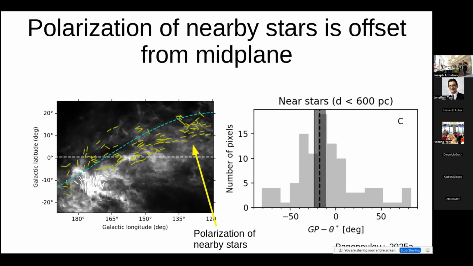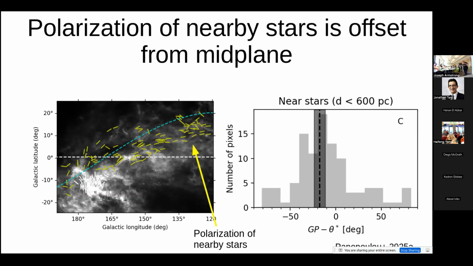The yellow segments are showing you the local polarization orientation of the stars. The dashed cyan line shows you the spine of the Radcliffe wave, and the dashed white line shows you the midplane of the galaxy. And you can see by eye, there's some offset, some tilt to the polarizations of the stars.